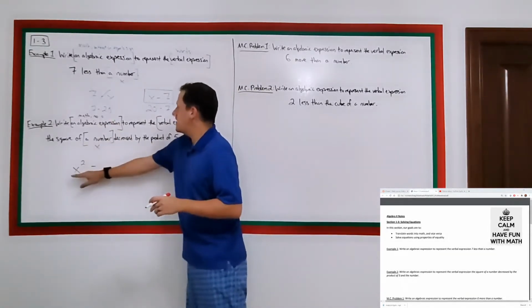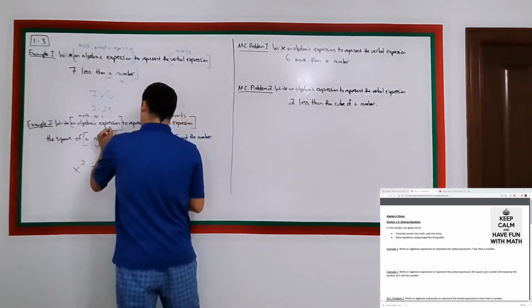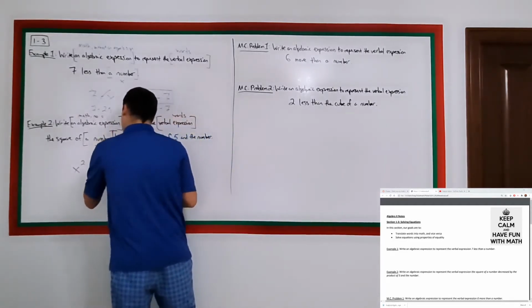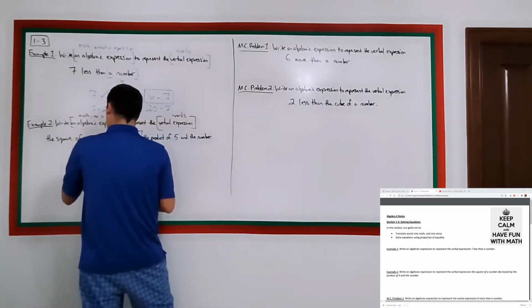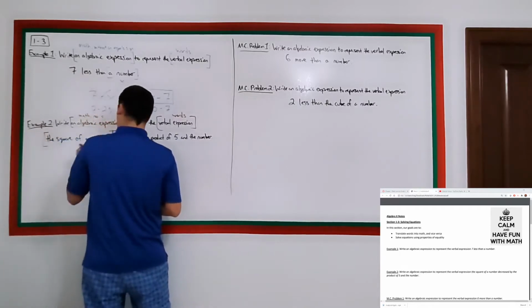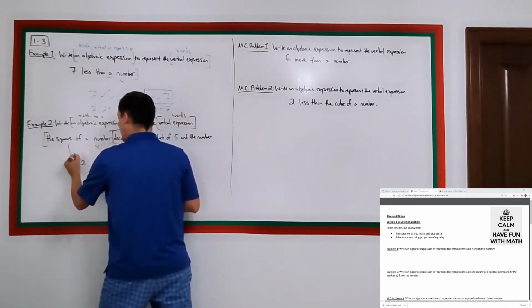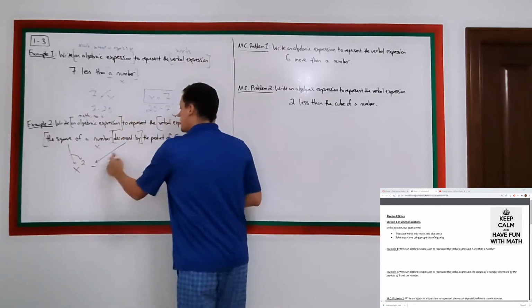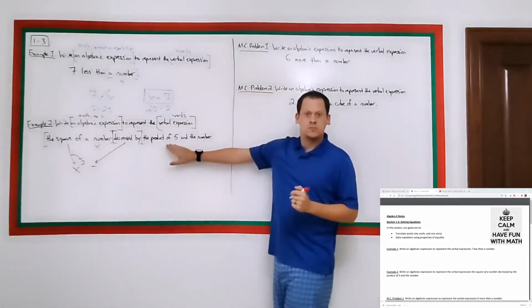So the square of a number is x squared, decreased by is minus.